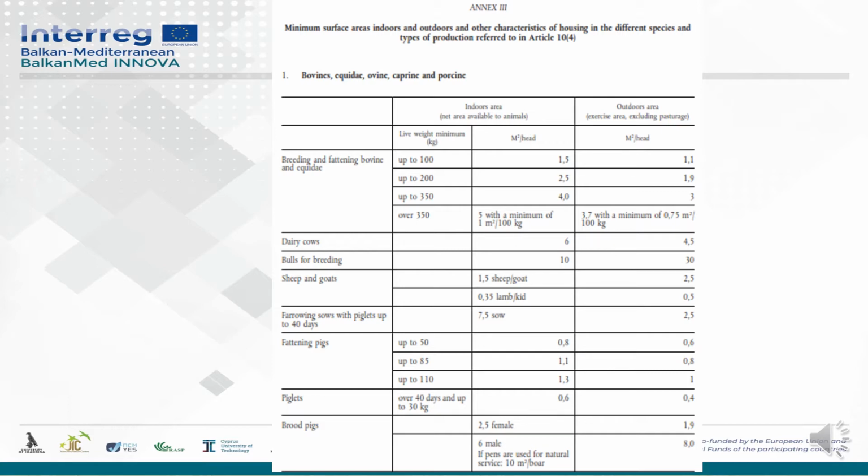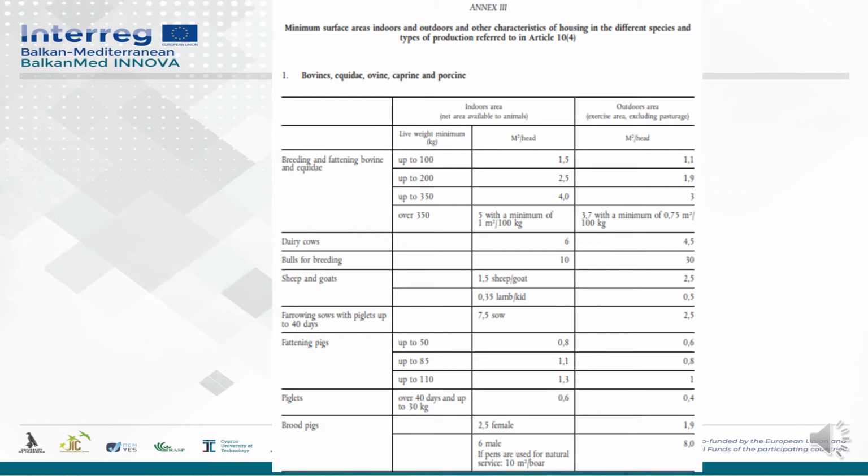So, considering, for example, breeding and fattening bovine and equid, you have, for example, up to 100 kilograms, the indoors surface has to be a minimum of 1.5 square meters per head, up to 200, 2.5 square meters, up to 350, minimum 4 square meters per head, and over 350 kilograms, there is 5 square meters minimum per head.